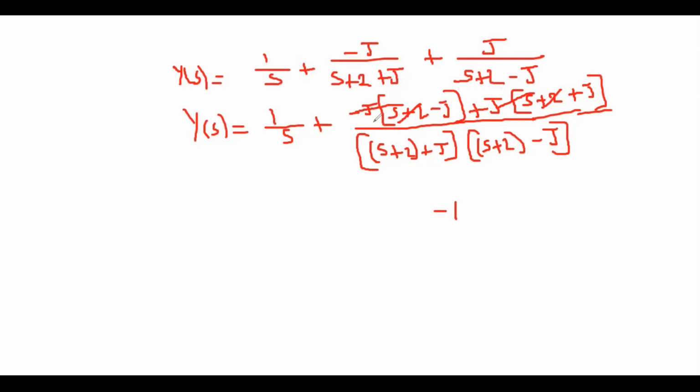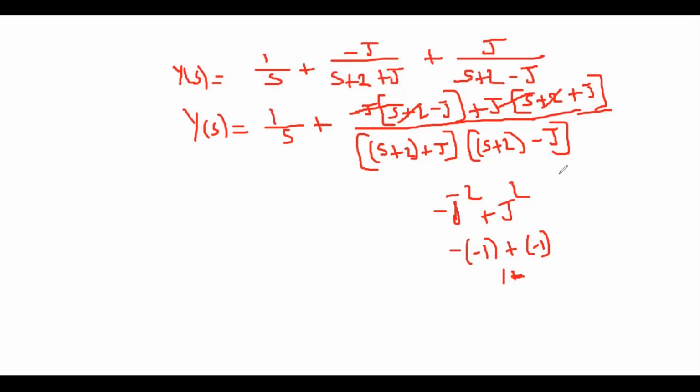If the minus is there, my dear students, so minus J into S plus 2 and plus J into S plus 2, minus J into minus J square and J into J plus J square. J square is minus 1, and here the minus 1 is a plus 1 and the minus 1. It is not the same value, my dear students. You're getting the wrong answer.